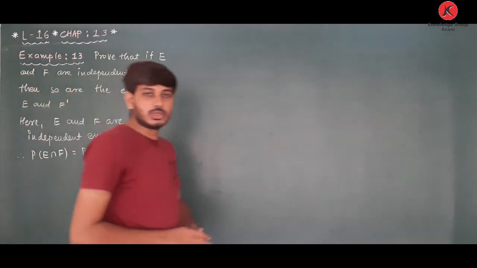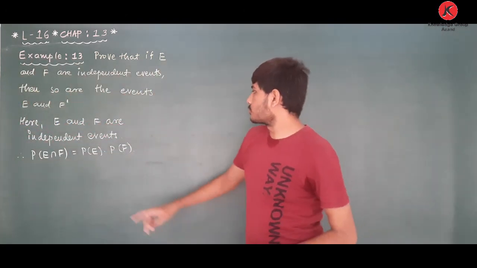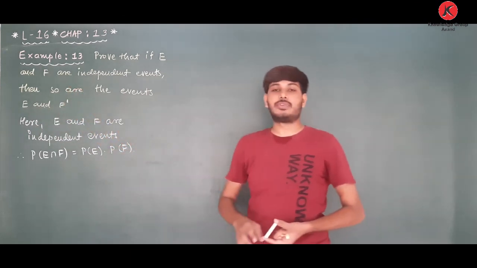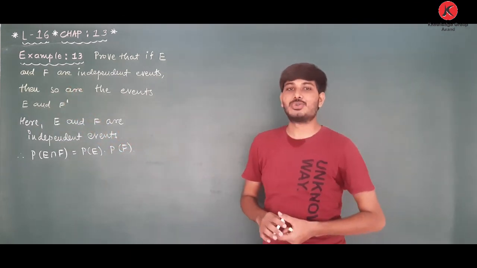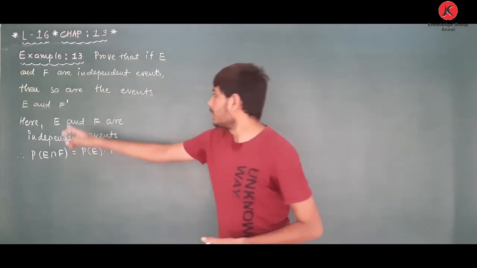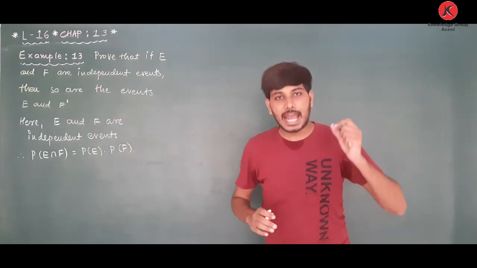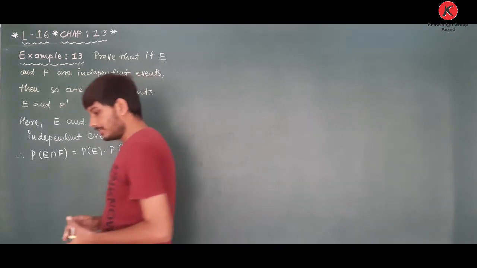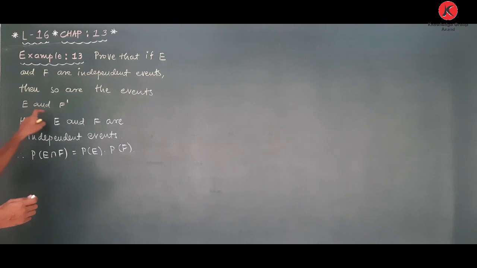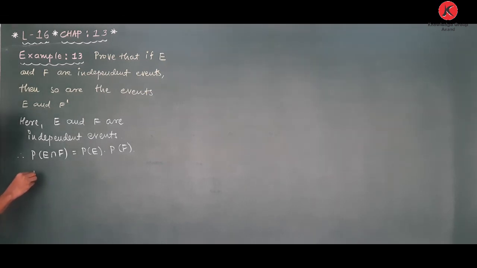Now we have to prove that for E and F dash, probability of E intersection F dash equals probability of E into probability of F dash. Then we can say that E and F dash are also independent events. That is what we have to prove. Let us understand a small diagram for it.